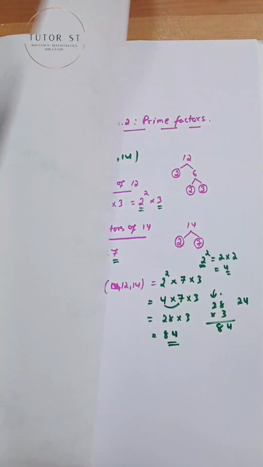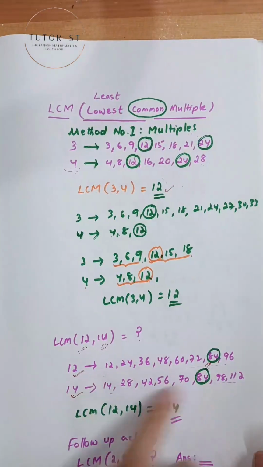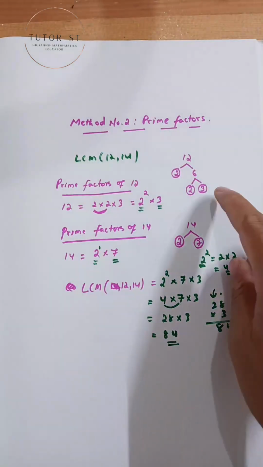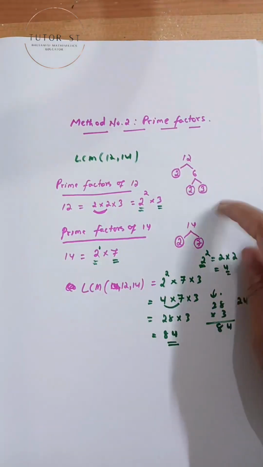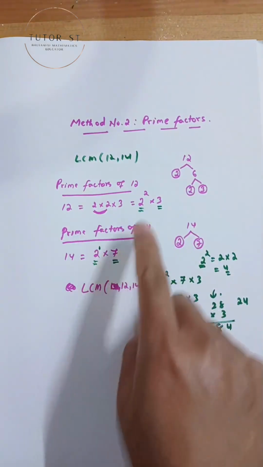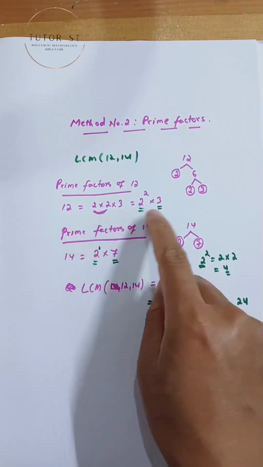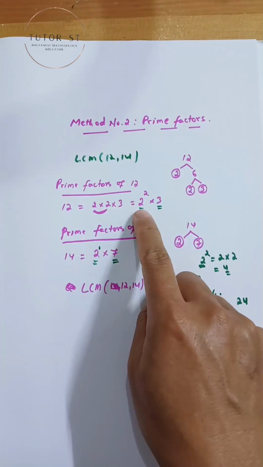So we feel the difference. Instead of listing down all the multiples, if we have this idea of finding the prime factors, you can easily write down all the prime factors like this. And if we have the same prime factor more than once, you just have to write it as a power.